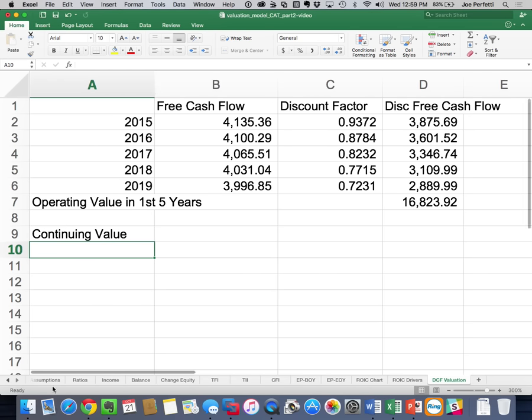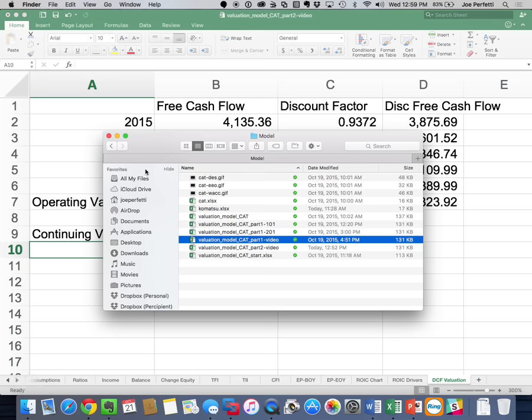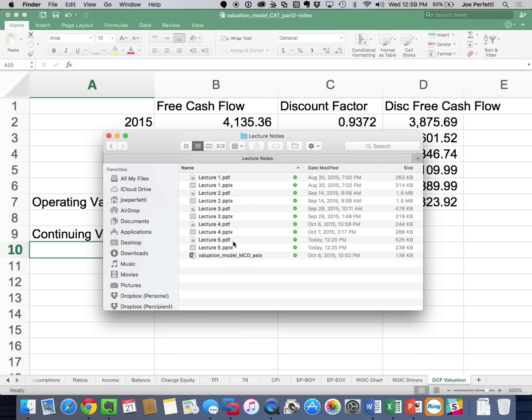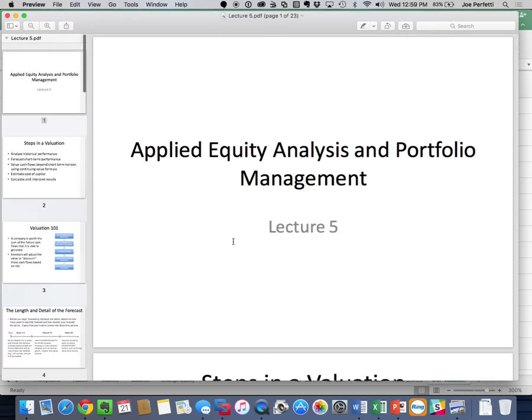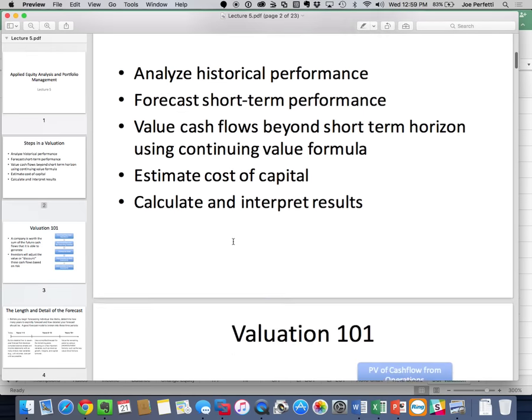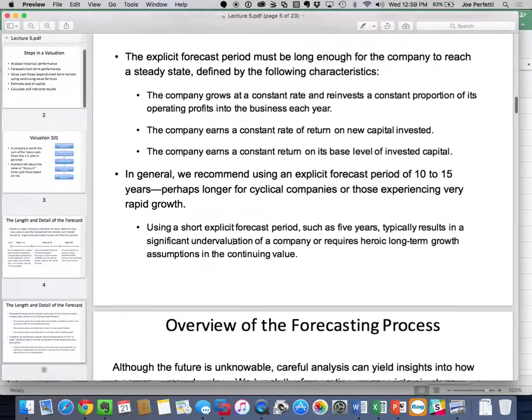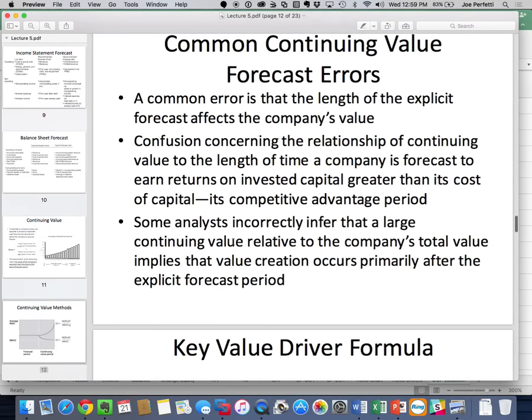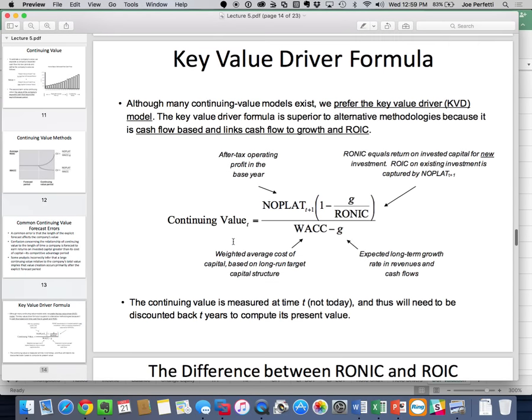And I'm going to estimate the continuing value. Now, I had posted in the readings, in lecture note 5, and McKinsey talked about in lecture note 5, that the key value driver formula is the formula we use for estimating continuing value. It's the rearranged growing perpetuity. Okay, so this is the formula for continuing value.